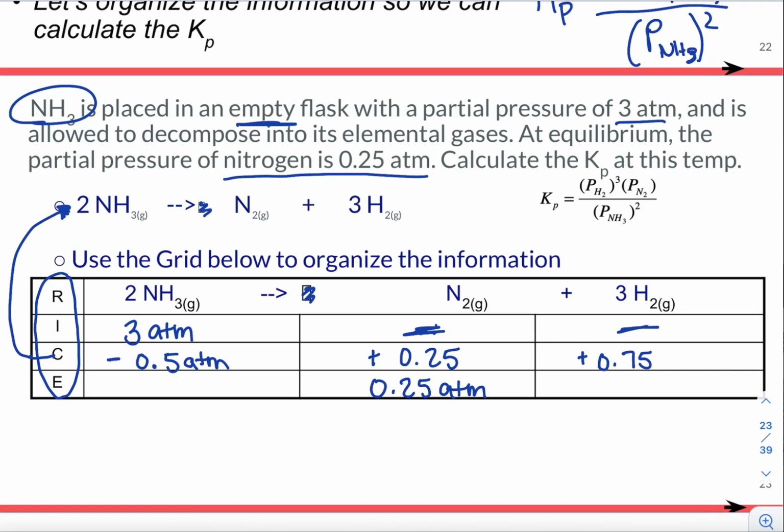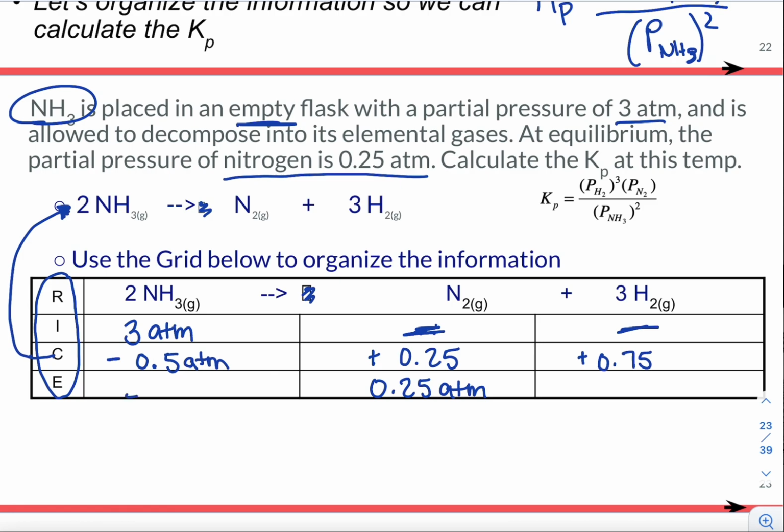Now you'll notice I added a minus sign here, okay, and a plus sign here. That's because we only started with this, so we know that some of it needs to be used up to make the products, right? Like in some of our other examples, we started with this, so we could have minus here. So you do have to think about what's happening in the actual reaction here. So we had this, so we had to use up some of it to form our products.